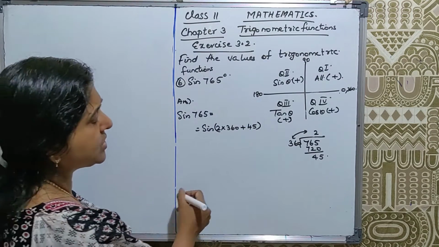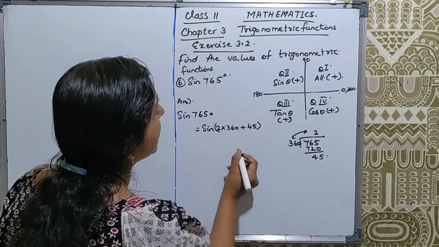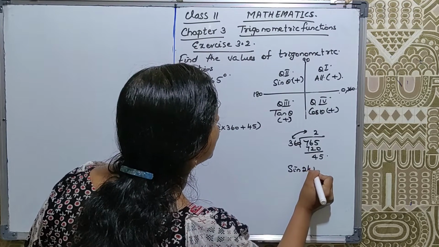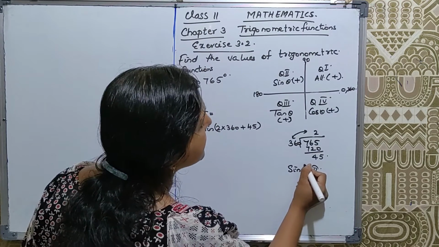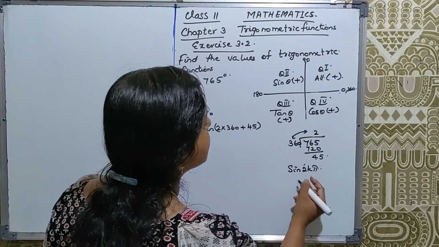That is actually 720. So one property is all the multiples of 2n pi or 2k pi. 2 pi is 360. K will be any multiple of 360.